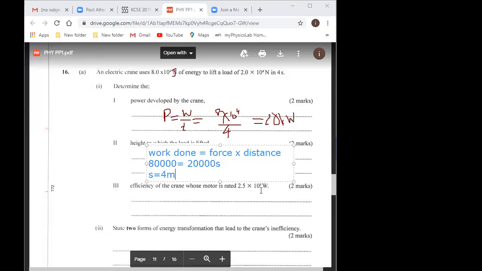Efficiency of the motor. Yes, Sami Moshiri. 80%.